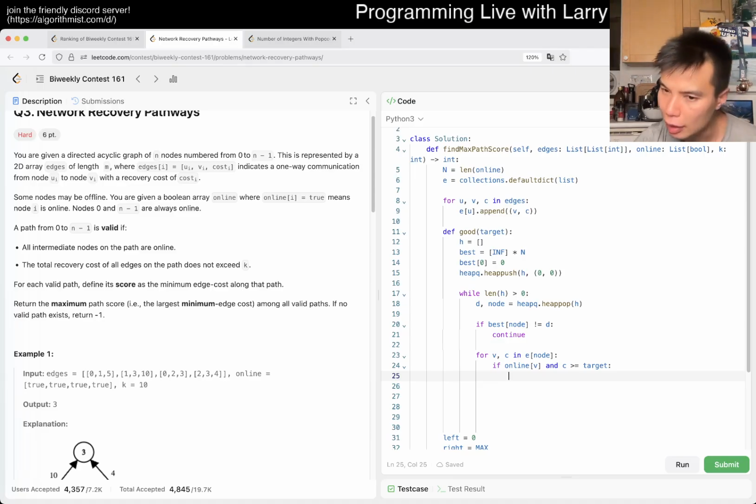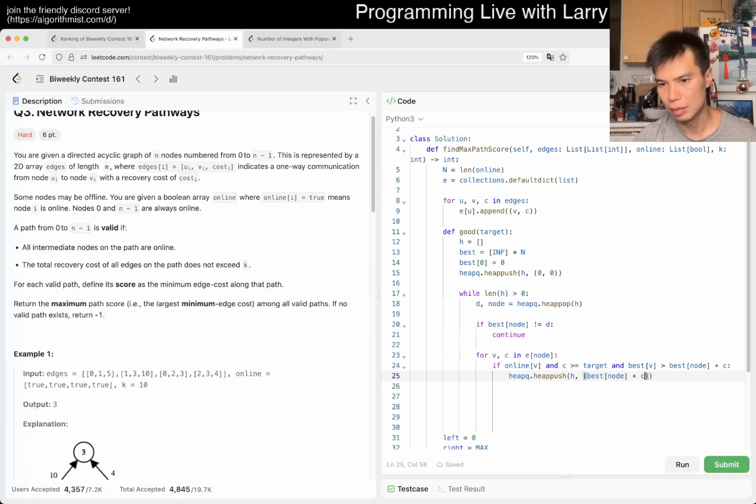Okay, and now if this is true, then if best of V is greater than best of node plus C. Okay. Oops, nope. V.